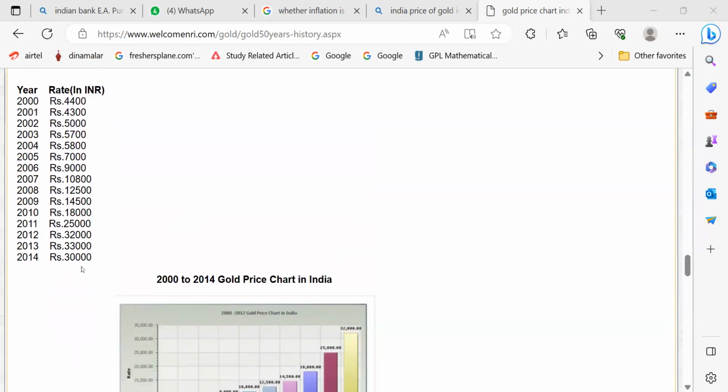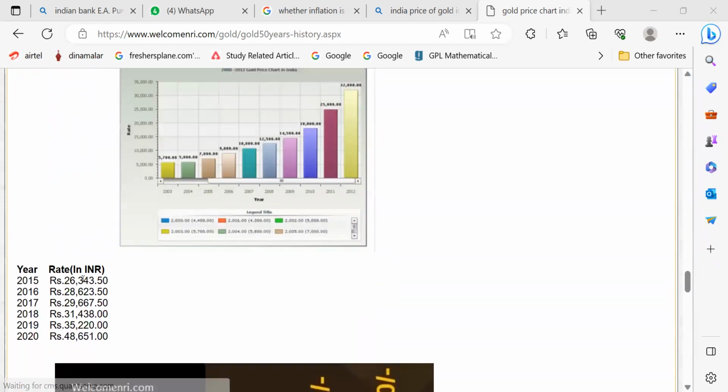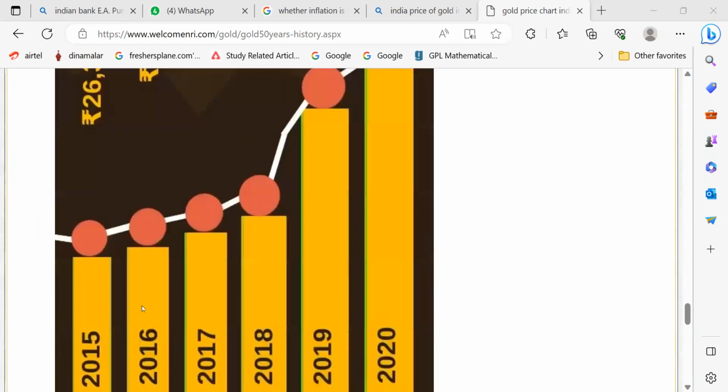In 2014, 10 grams comes to 30,000 rupees. That is 1 gram is equal to 3,000. And right now, in 2020, 48,651. 1 gram costs 4,865.